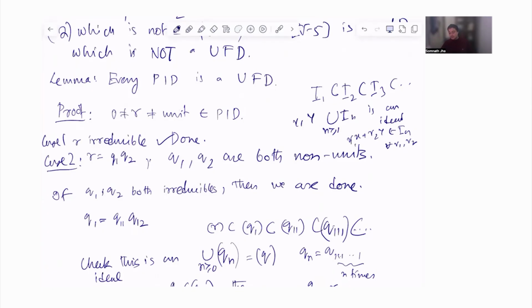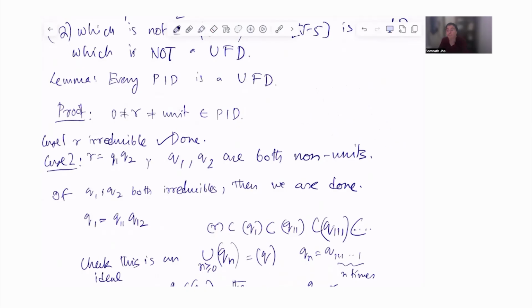Then you pick the maximum index, then R1x and R2y both belong there, so their sum also belongs there, right? So it's easy to see that the union of an increasing chain of ideals, increasing in the sense that one is included in another, with respect to set-theoretic inclusion, is an ideal.